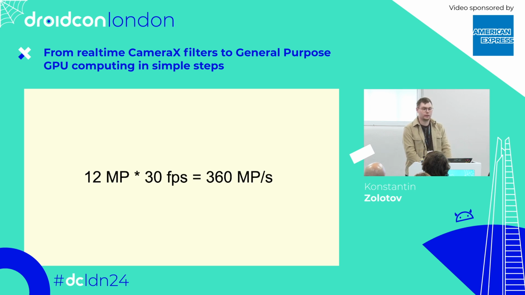It would be exactly 360 million pixels per second processed. And that's at least, because nowadays we have even higher FPS, and 12 megapixels is not the highest resolution possible, so it's like the minimum requirement.